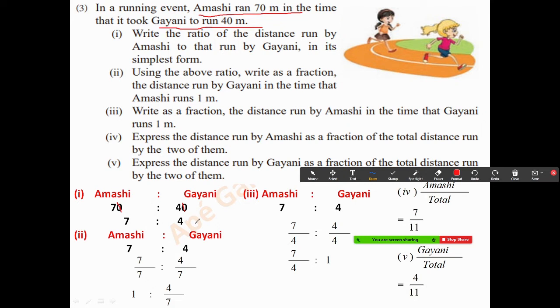7 to 4. Using the above ratio, write as a fraction the distance run by Gayani in the time that Amashi runs 1 meter. Can you understand the question?